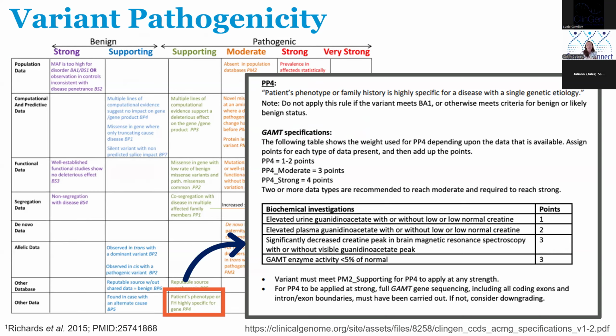So for an example, if you are trying to understand variants in a gene that's associated with a metabolic condition or maybe a blood disorder, is there any additional blood work that can be done to understand the impact of that protein? For instance, if we're looking at genes that result in a protein that we would call an enzyme, do we see a change in the enzyme levels of that individual?